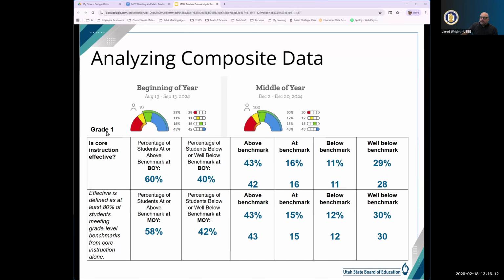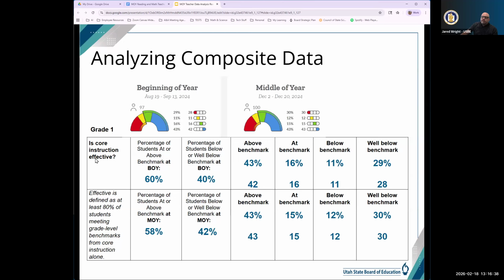It could be any grade that is administered the test, and then you're really comparing the beginning of the year to the middle of the year, and looking at how the students on those performance levels, are they above, at, below, or well below, and give that comparison.